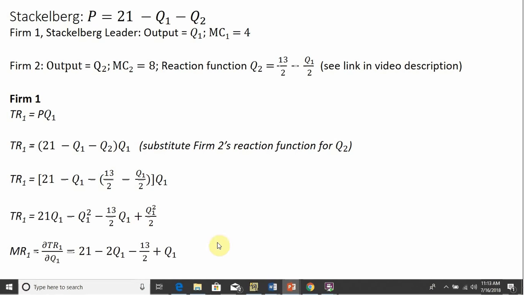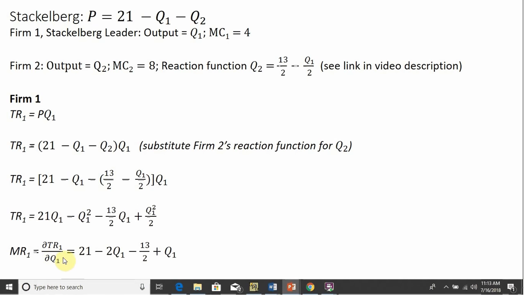Okay. All right, the next step is to take the derivative of total revenue to get marginal revenue. So we'll take the derivative of that expression to get marginal revenue. Technically, it's not a partial derivative. We only have one choice variable here, Q subscript 1.